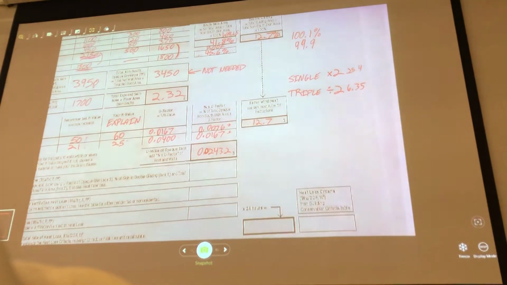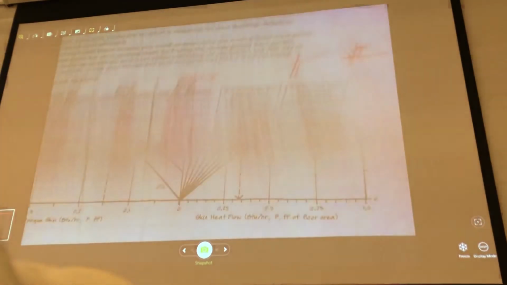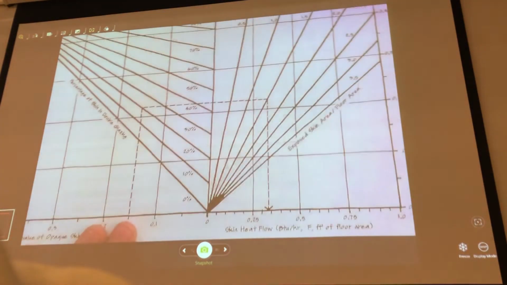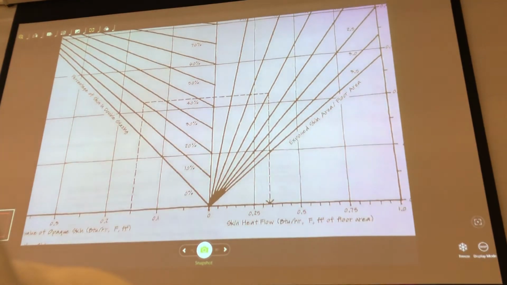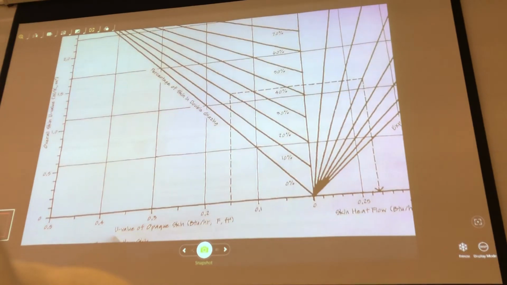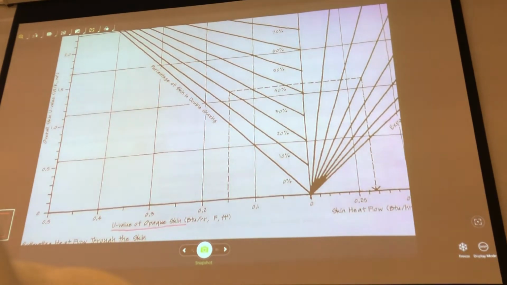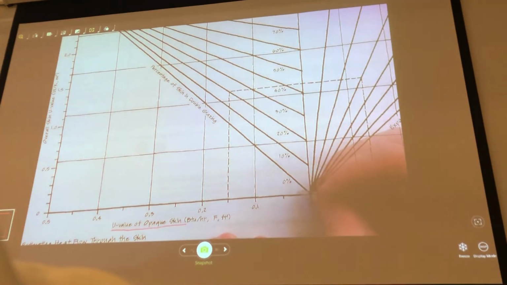And now I have all of my information to figure out what my overall skin heat flow is going to be. And that is with this graph right here. We're going to start off with our U value of our opaque skin. That would be 0.02432, which is going to be pretty close to around 0.025.